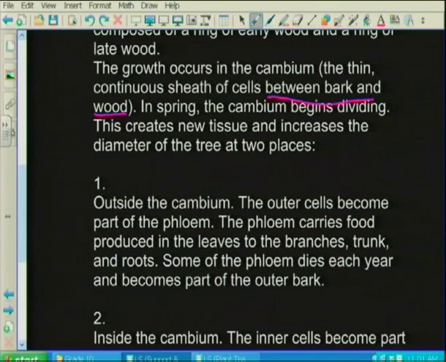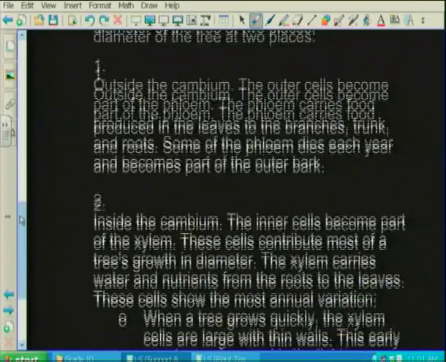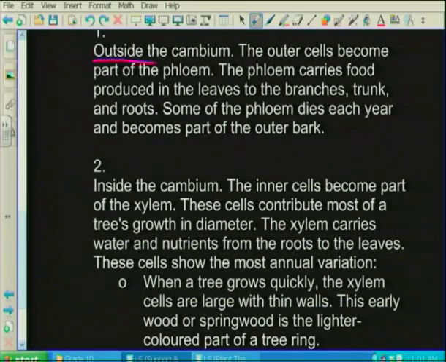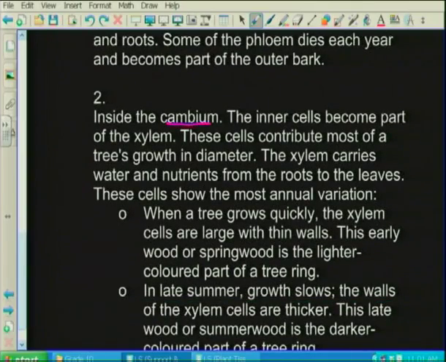Now this creates new tissues, and it increases the diameter of the tree in two places. On the outside of the cambium, the outer cells become part of the phloem. This is your secondary phloem, and then on the inside of the cambium, it becomes part of the xylem, and this is the secondary xylem.